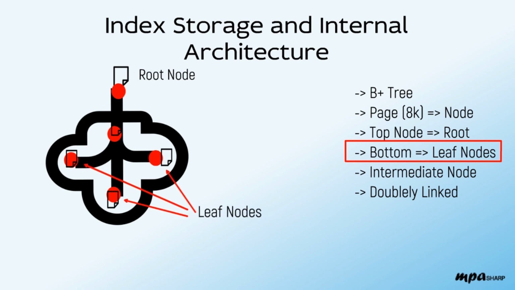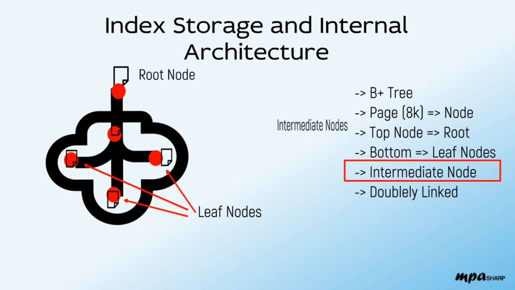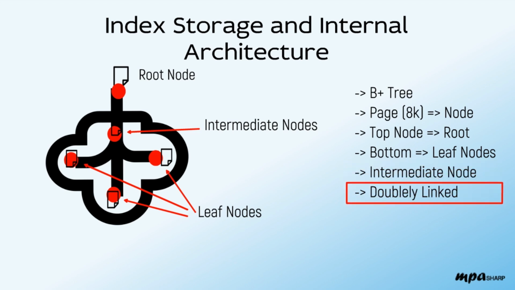There can be multiple levels of nodes in between the root node and leaf nodes. They are called intermediate level nodes. These intermediate level nodes link root nodes and leaf nodes together and allow SQL Server to travel from the root node and find the data it requires. Each of these nodes is doubly linked, which means SQL Server can go back and forward from one node to another in the same level.